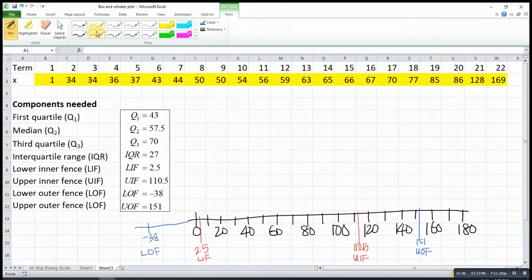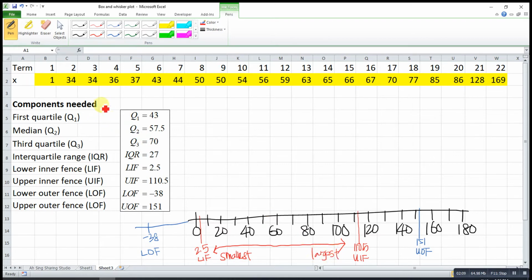Now let's determine the whisker first. For the whisker, we consider the range of the inner fence. For this range, we take the number that is smallest in this range and the number that is largest in this range.